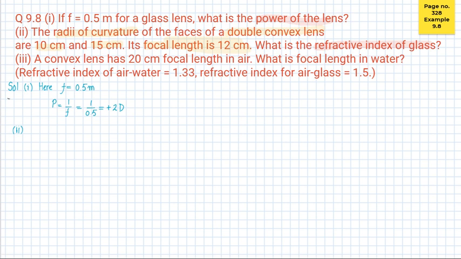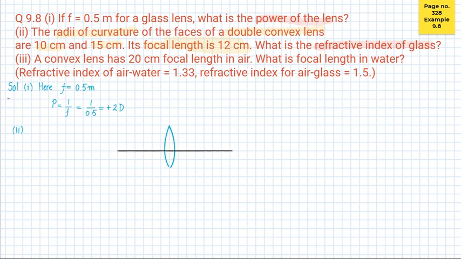Fine. So to take the visual help, I'll just draw the rough diagram. Consider you are given a convex lens. Okay, this is your convex lens and this is your principal axis.